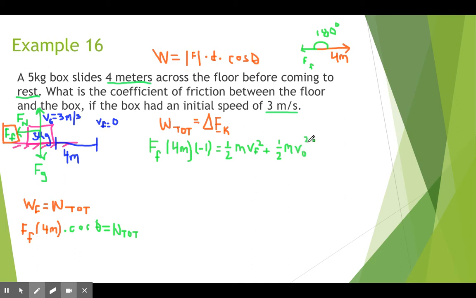Because the object finally ends by coming to rest, the final velocity is 0. This whole quantity here, 1/2 times mass times 0 squared, is going to become a 0. Okay, so I'm going to simplify. I don't know what the force of friction is, so I'm going to keep that a variable.